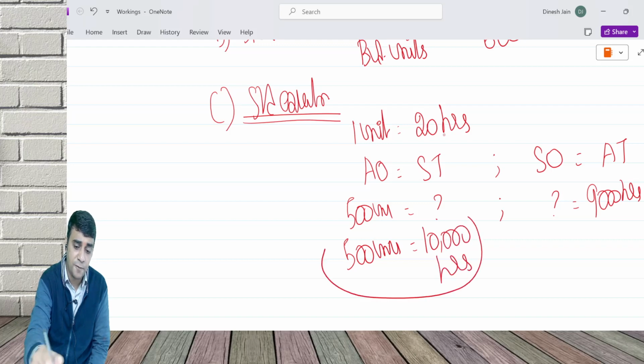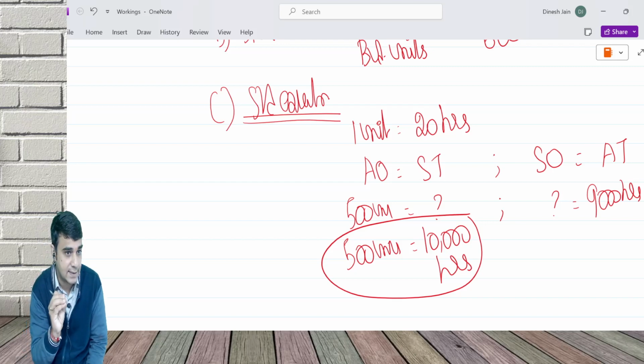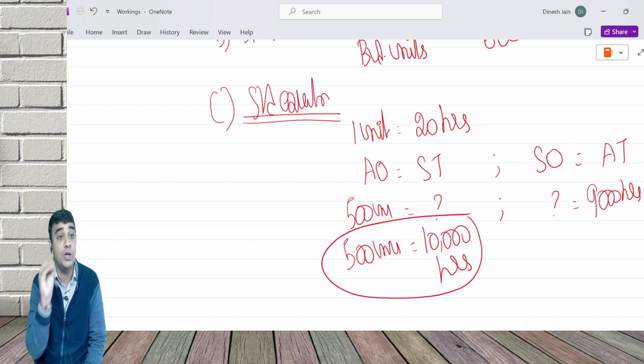So in your first column, you can either use 500 into 26, which is SR per unit, or 10,000 into 1.3, which is SR per hour. Both will give you the same answer.